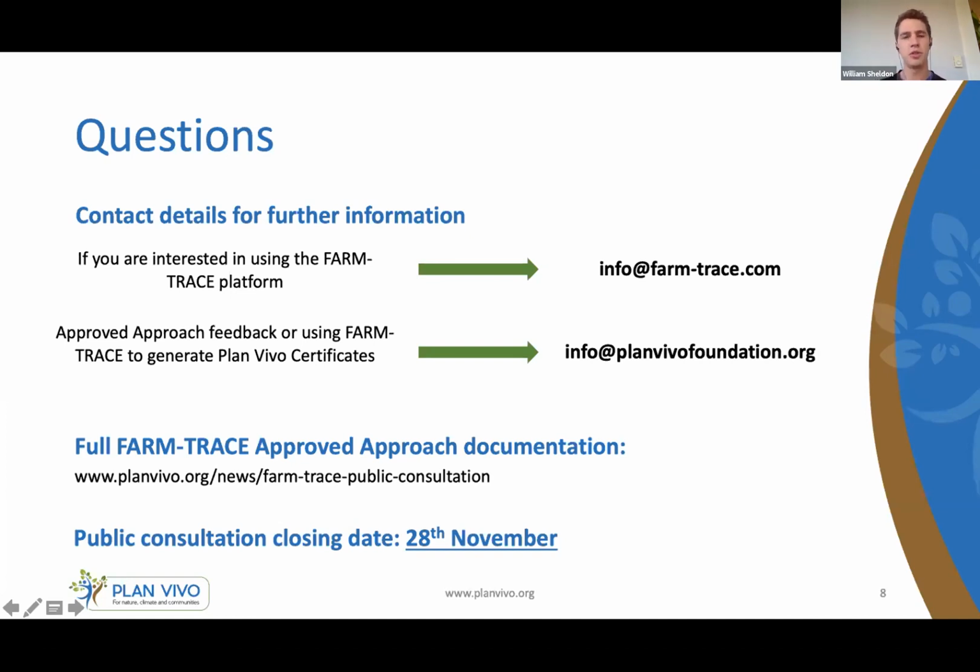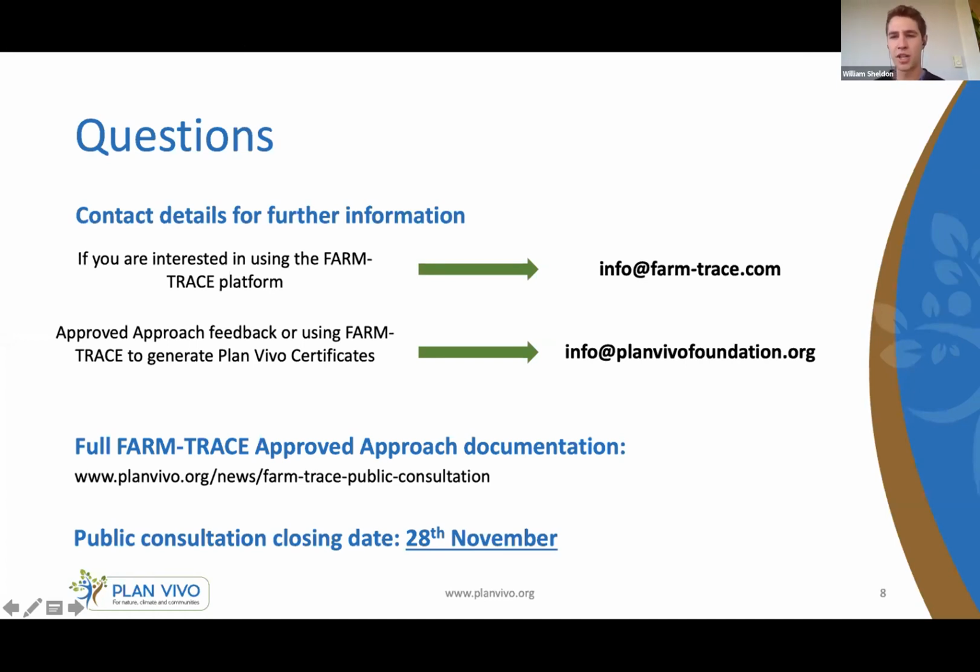And then in terms of the future, our vision is to create a model whereby anyone who is working directly with smallholder farmers, so for example, farming cooperatives, can use FarmTrace for free. One of the reasons for this vision is because we're trying to break down as many barriers as possible to smallholder farmers in the communities to access the benefits of implementing sustainable farming practices.